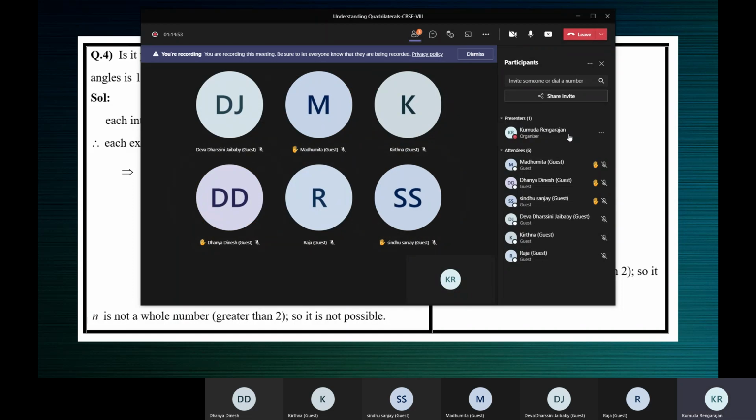Madhumita, Danya, Sindhu and Sanjay. Devadarshini, are you there? Kirtana and Raja? What about Kirtana and Raja? Okay. Yes, ma'am. Okay, Raja?